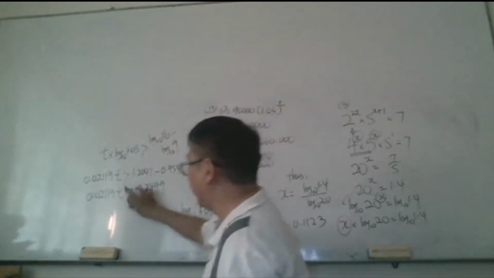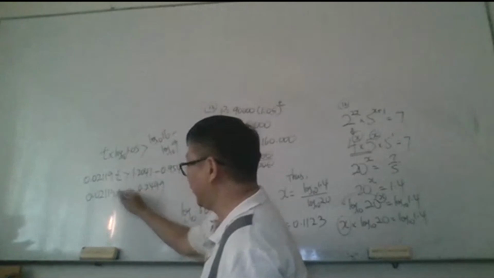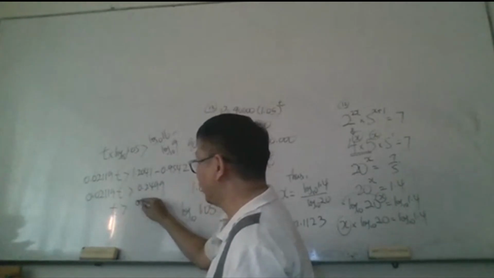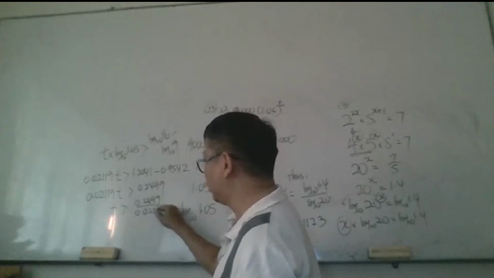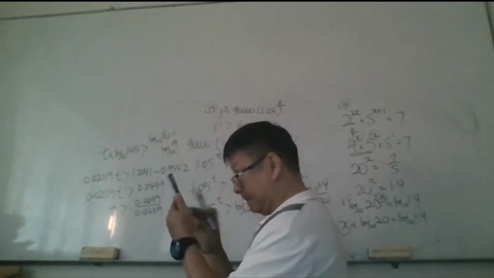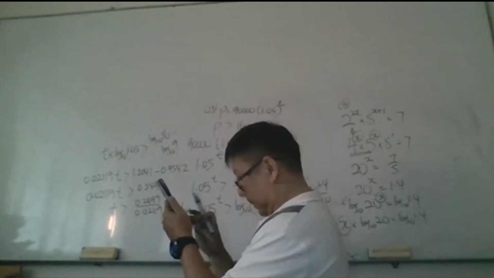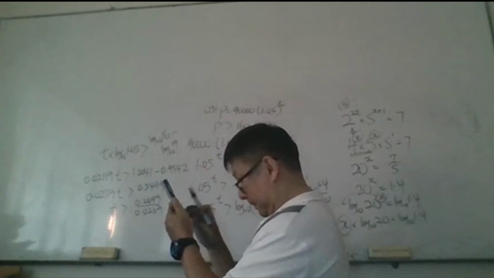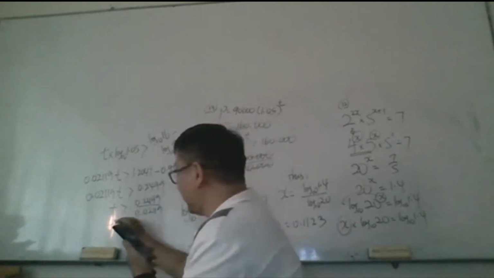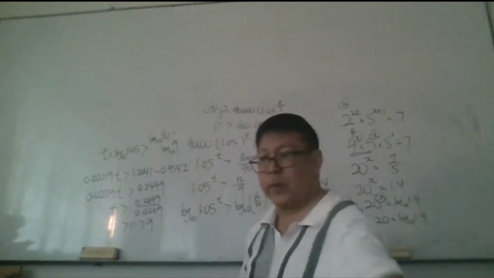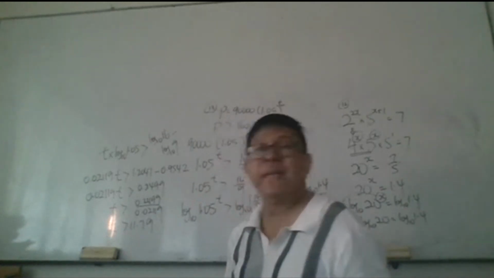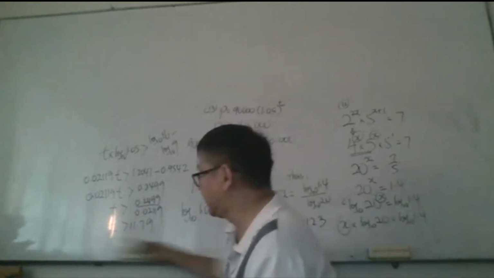And lastly, we can just divide 0.2499 by 0.02119. So T will be more than 11.79. But the question asks for the minimum number of years.